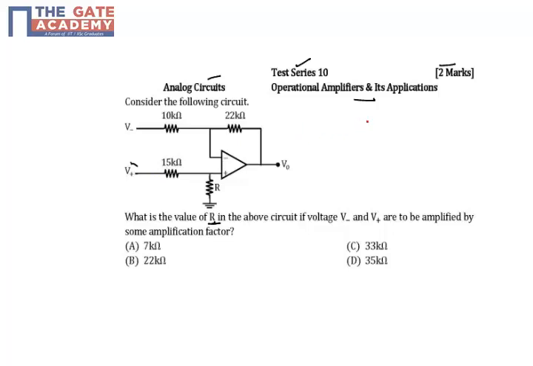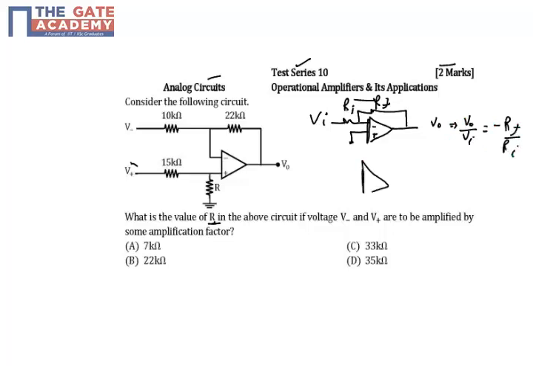We know that if in any amplifier the input is attached to the inverting terminal, with feedback resistor RF and input resistor Ri, then the amplification gain V0 by Vi is minus RF by Ri.